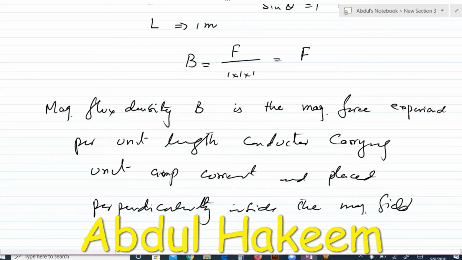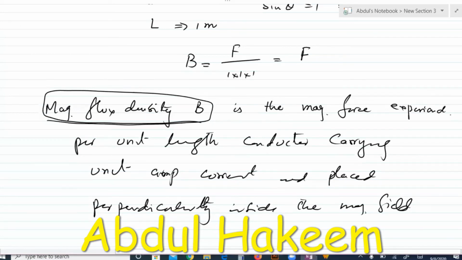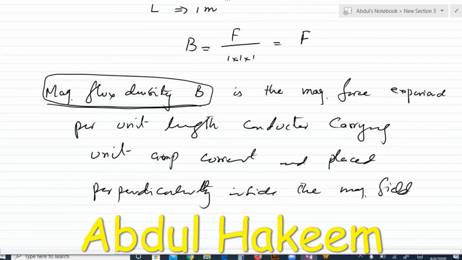So this is the definition of magnetic flux density B. Magnetic flux density B is the magnetic force experienced per unit length of conductor carrying unit ampere current and placed perpendicularly inside the magnetic field.